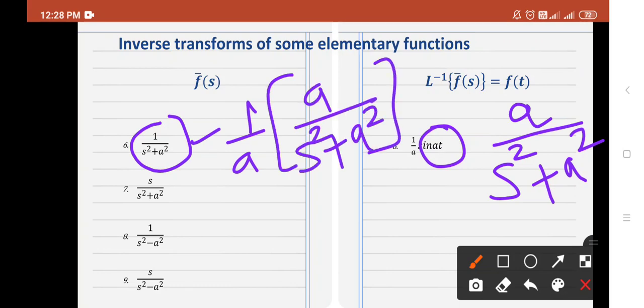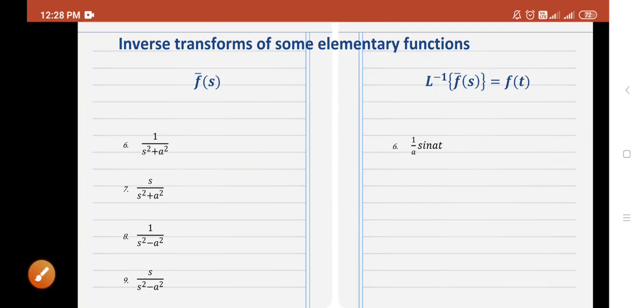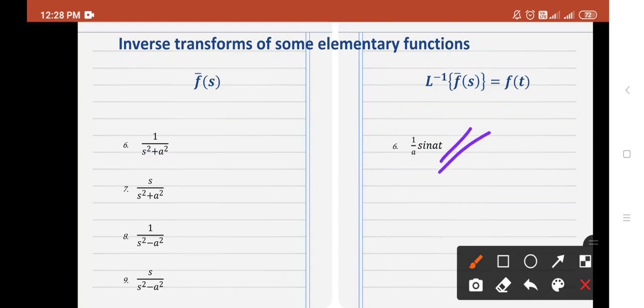That is, a gets compensated and the original function remains as it is, and 1 upon a is as it is, and this is nothing but the Laplace transform of sin at. So finally the answer is 1 upon a sin at.